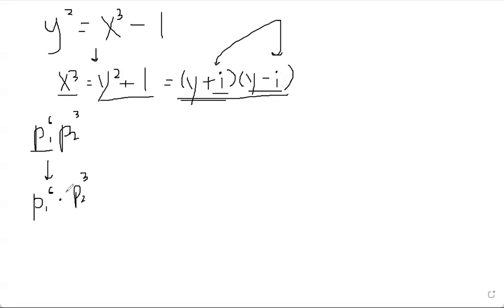There's no way around that, because you can't split these multiples of 3 up. They have to all be in one or all be in the other. That means both of these have to be perfect cubes. And that makes our life 20 times easier. Why is that? Because now we can just solve a simple equation.